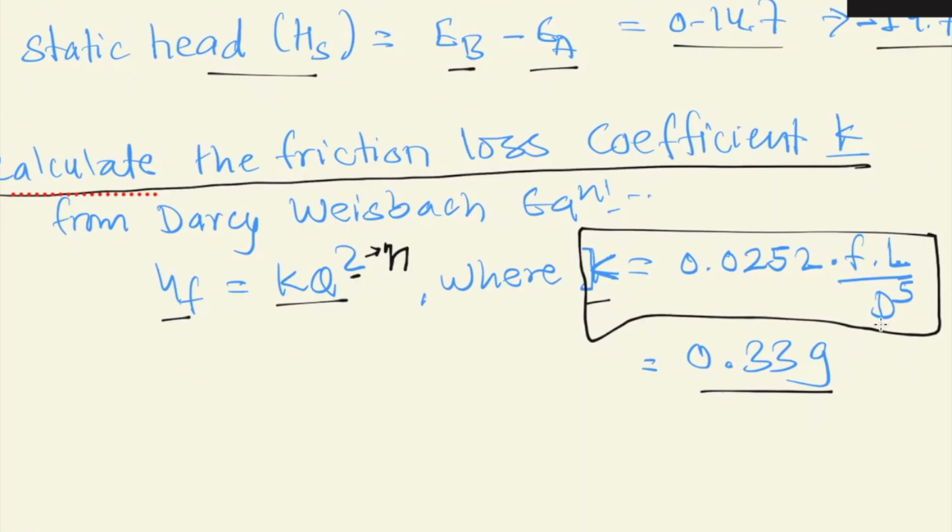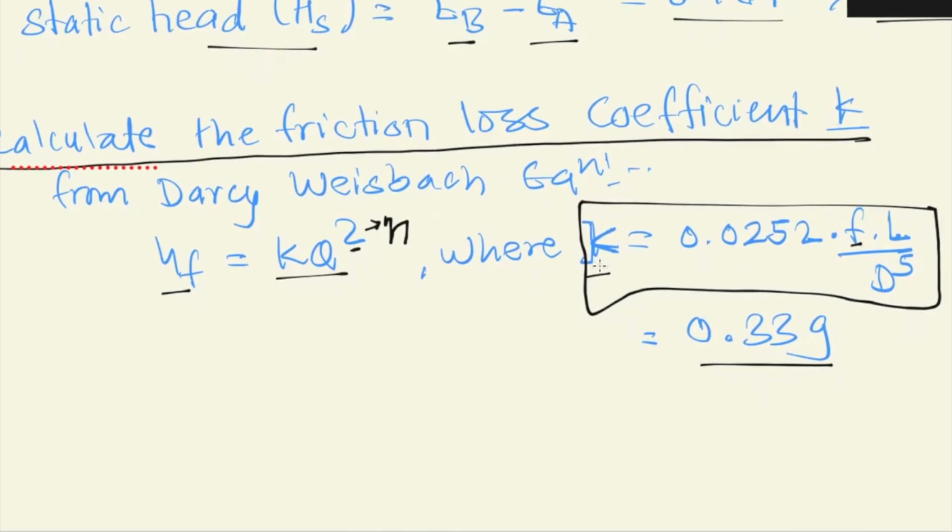We know the diameter of the pipe, the length of the pipeline, and the friction factor as well. Basically, this is for the English system; for the SI unit system, there needs to be a conversion. So that gives us a value of K as 0.339. We will need this value of K when we compute HF.